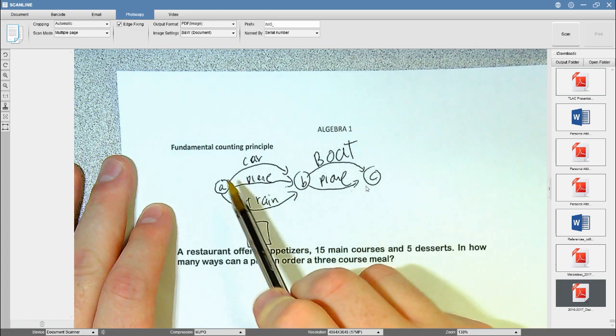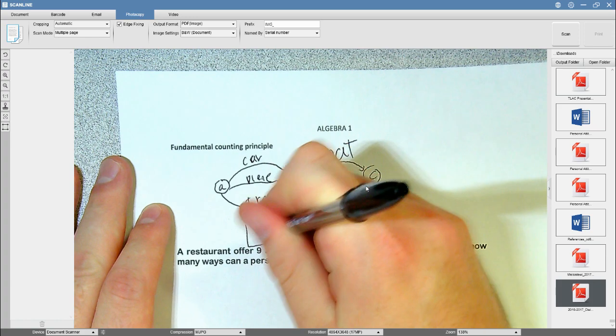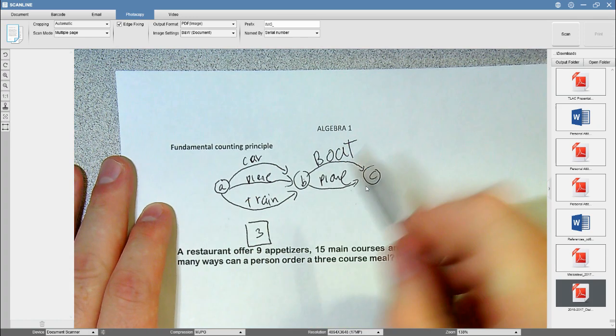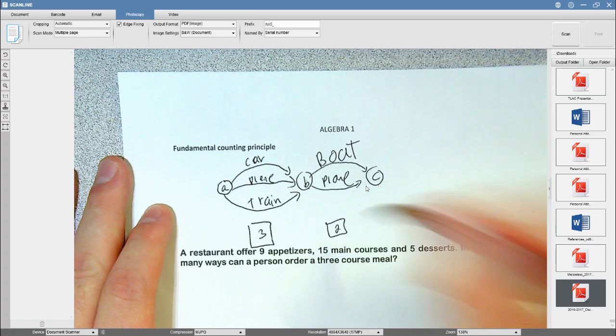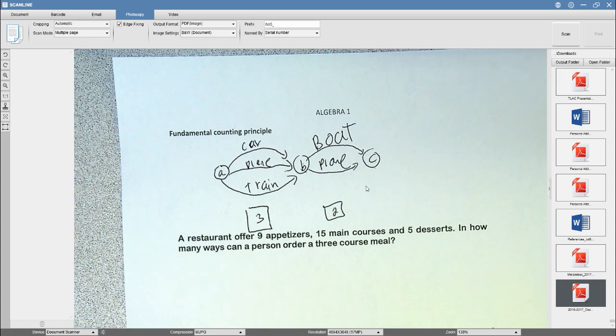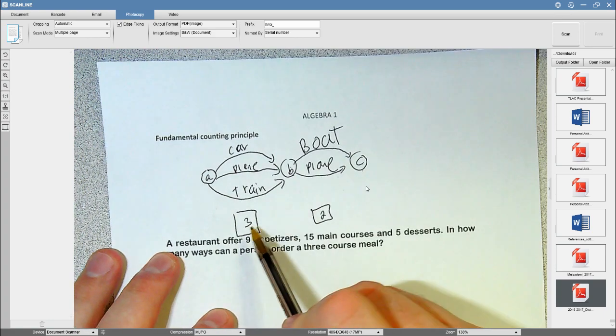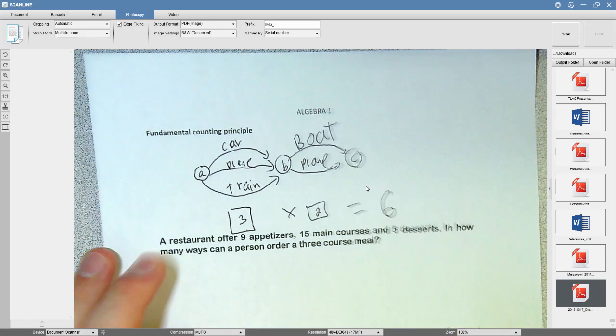We had to choose how we were going to go from city A to city B, and there were three ways that we could have done that, and how we go from city B to city C. And here, there's only two ways. So again, the fundamental counting principle states that the number of ways an event can occur is found by multiplying the number of options you have each step along the way. So 3 times 2 is equal to 6.